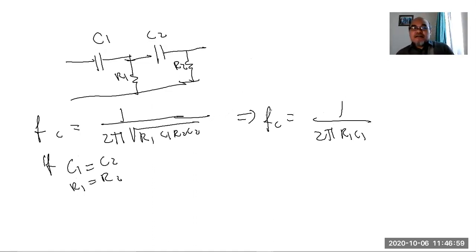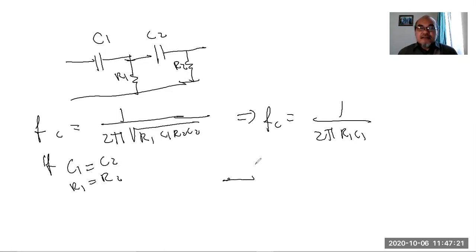The disadvantage, however, when you combine such circuits is that the output voltage may decrease from the input voltage because of the loading effect. So what you can do instead is put a buffer. A buffer, remember, is the voltage follower that we discussed last week.